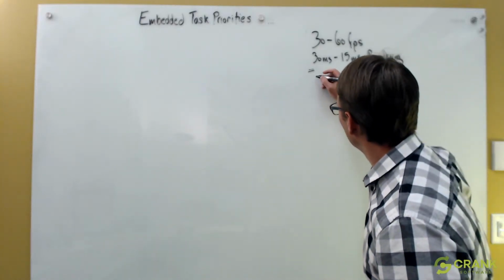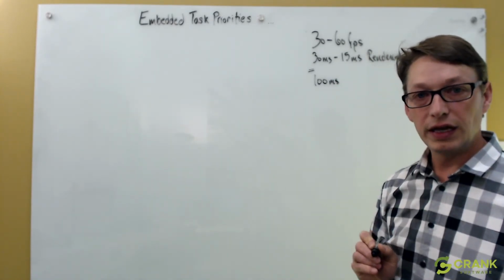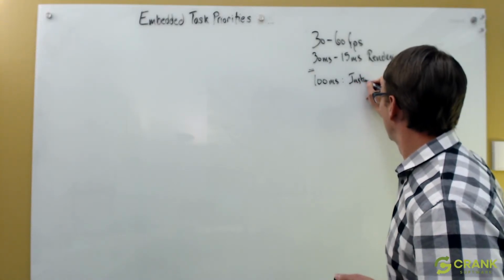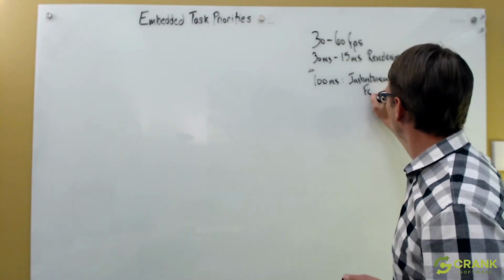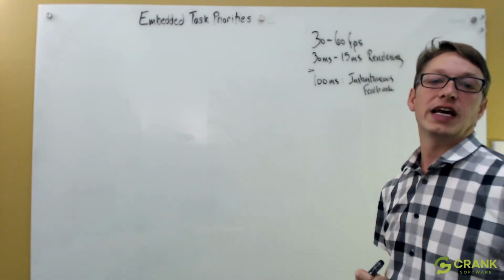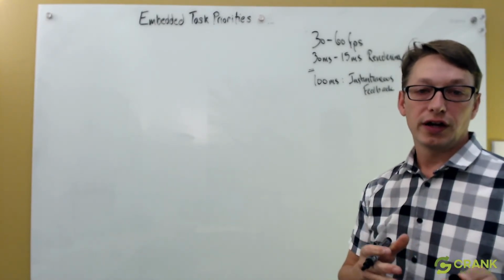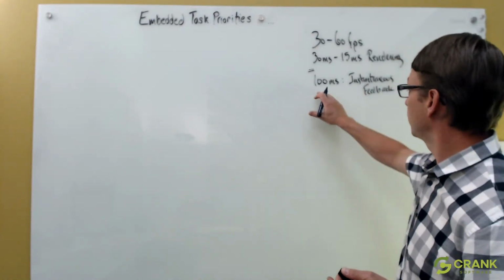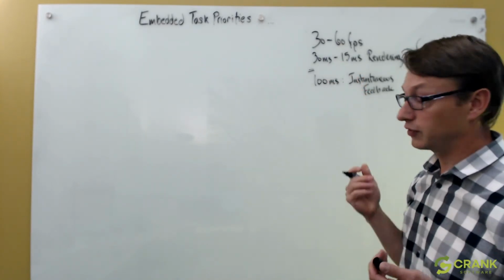Those numbers look like this. 100 milliseconds is our time frame for instantaneous feedback. For something to feel like it's happening immediately, that's the latency between a triggering action or event in terms of user input and then some sort of response, right? So that 100 milliseconds is sitting well above our render rate, which is an interesting note.